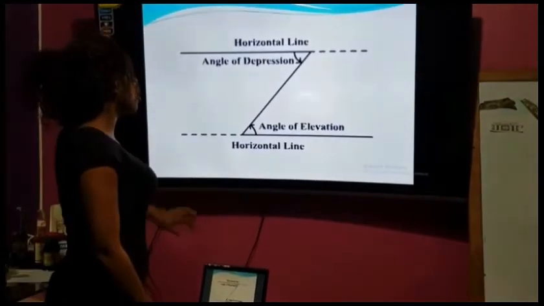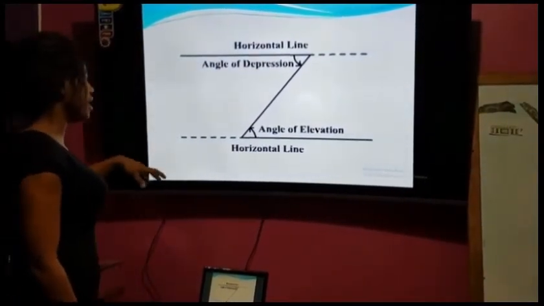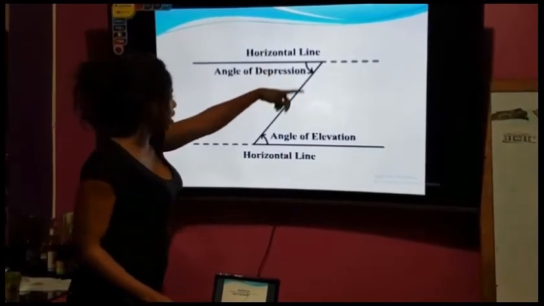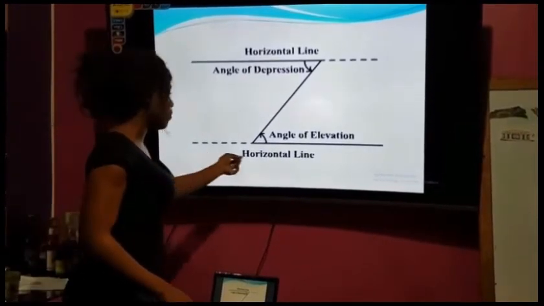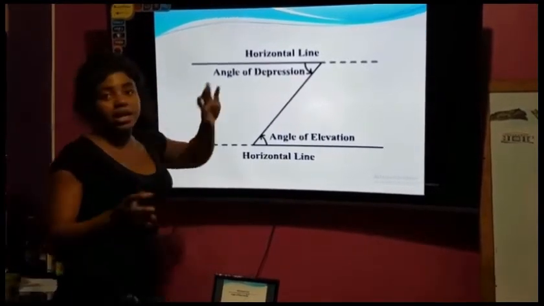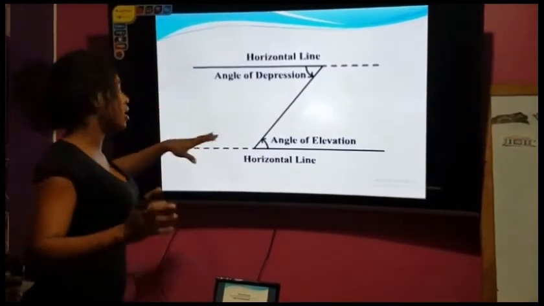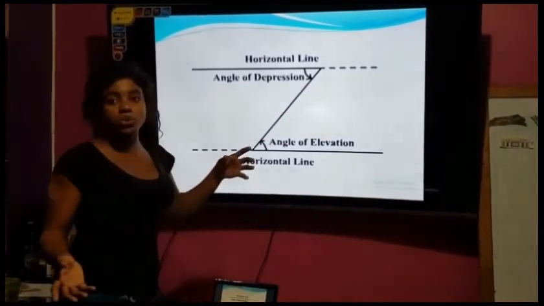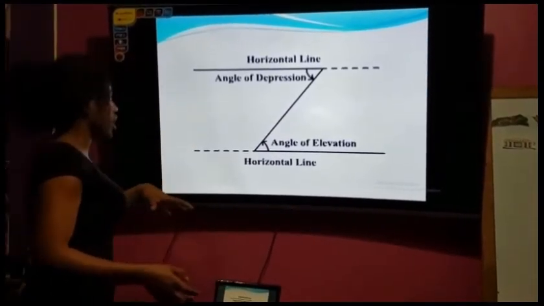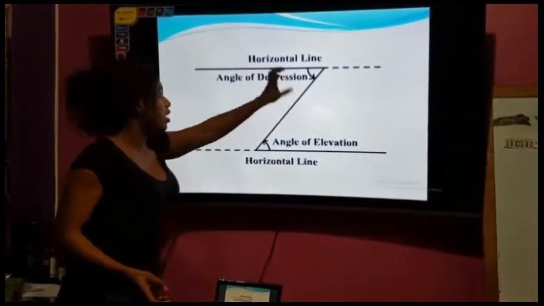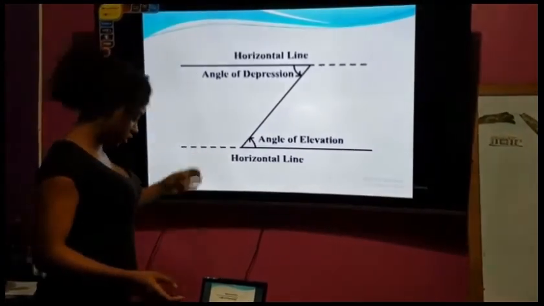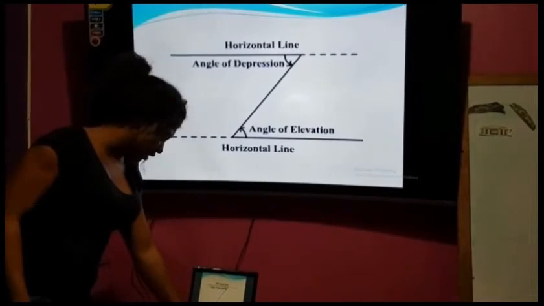As you can see, the angle of depression and the angle of elevation both have a horizontal line, and these horizontal lines are parallel. So it forms a Z, and this Z is also known as alternate angles. Being alternate means that whatever the angle is for the angle of depression is the same for the angle of elevation.